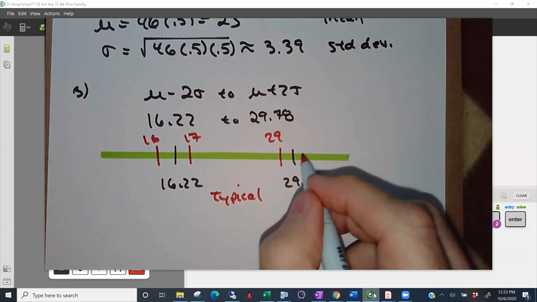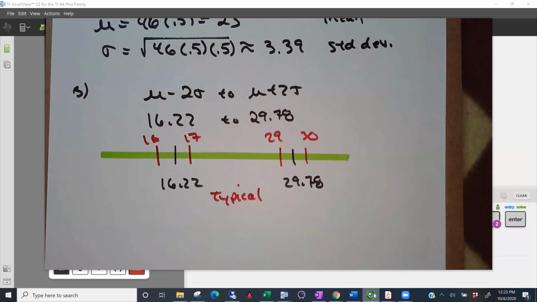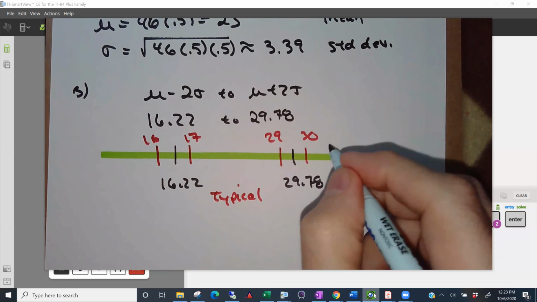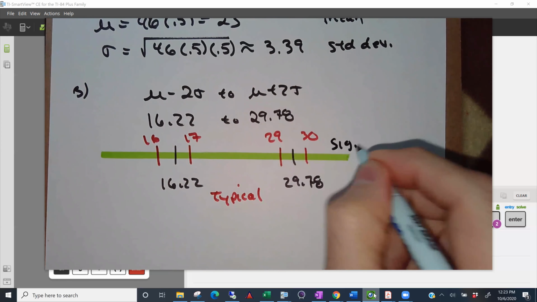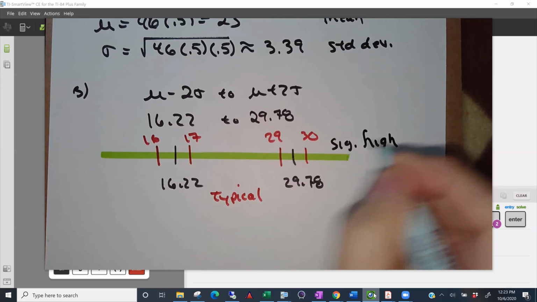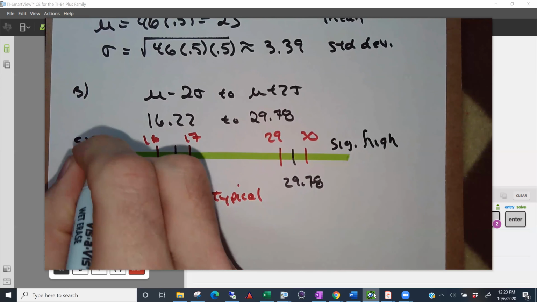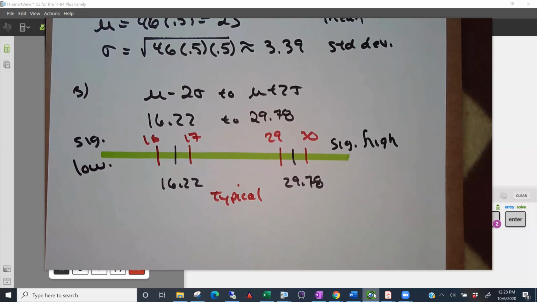So when you hit 30, that's going to be your atypical. That's where significantly high starts. So this is significantly high, and this is significantly low. So that's the boundaries for those things.